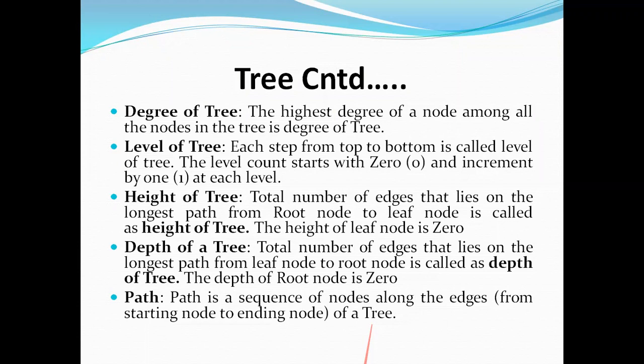We first start from the root, find out the last, longest node of that tree, and count the number of edges. We call it the height of the tree. Depth of a node is the total number of edges that lie on the path from the node up to the root. And a path is the sequence of nodes along the edges from one node to another.